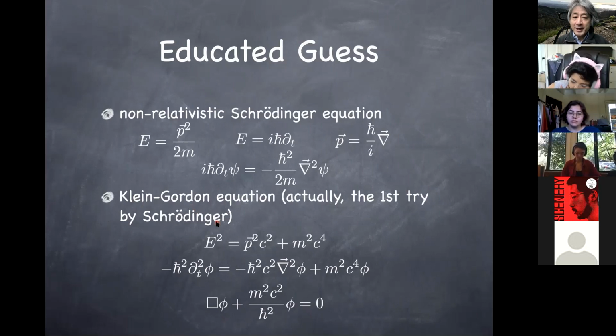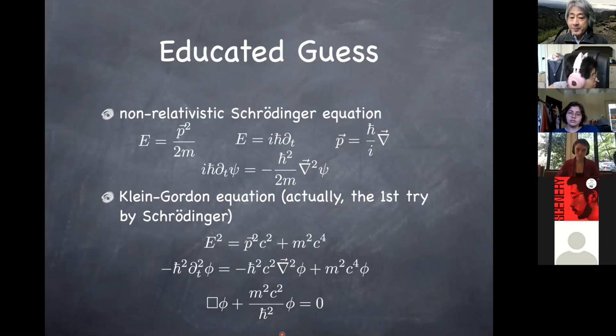Apparently, it was Schrödinger who came up with this equation first. And Schrödinger being Schrödinger, he was strong enough to apply this equation right away to the hydrogen atom and worked out the energy levels of the hydrogen atom using the Klein-Gordon equation, and then realized that the relativistic correction came out wrong.